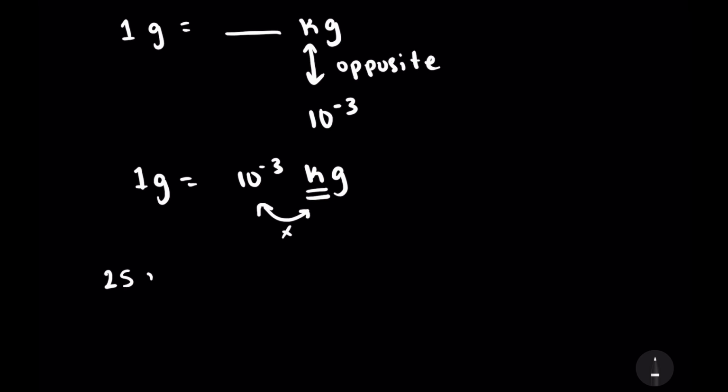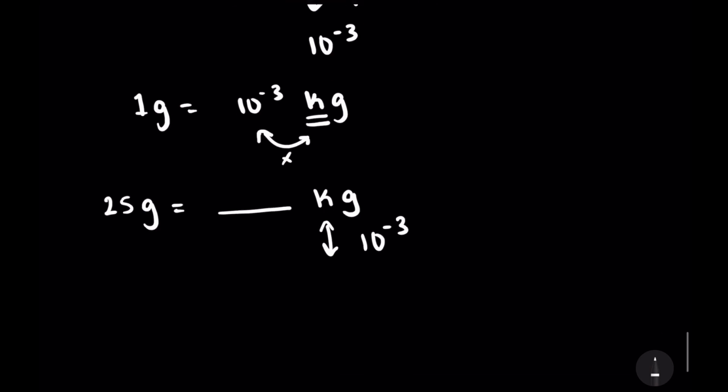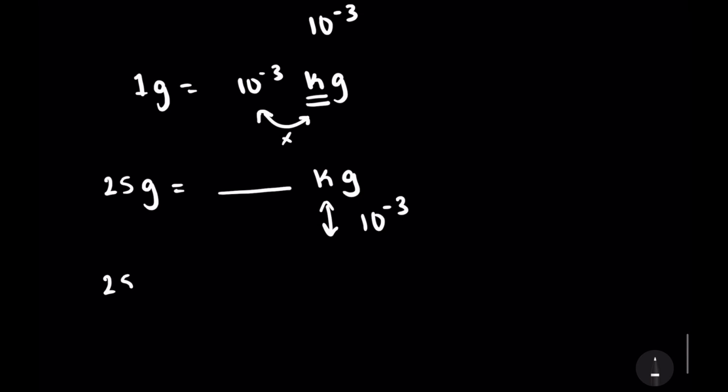Let's say we had 25 grams is equal to some amount of kilograms. I know that the opposite of kilograms would be not 10 to the 3, because that's what kilograms means. It would be 10 to the minus 3. And so I would have 25 grams is equal to 25 times 10 to the minus 3 kilograms.